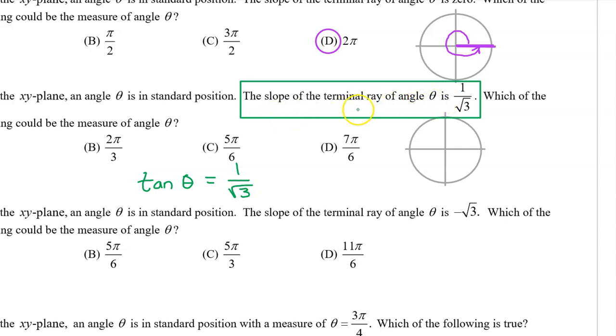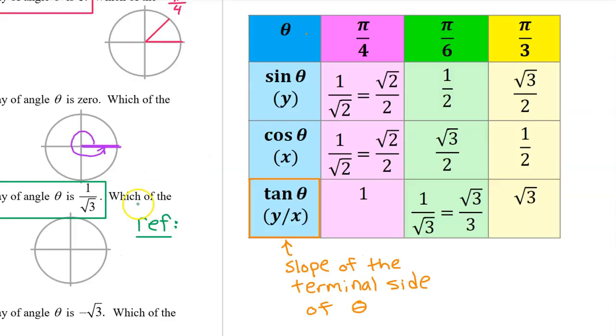So if the slope of the terminal ray is 1 over radical 3, that means the tangent of theta is equal to 1 over radical 3. We can use our memorized facts to identify the reference angle: the tangent of which angle is 1 over radical 3? We know that the tangent of pi over 6 is 1 over radical 3. So that means pi over 6 is the reference angle.